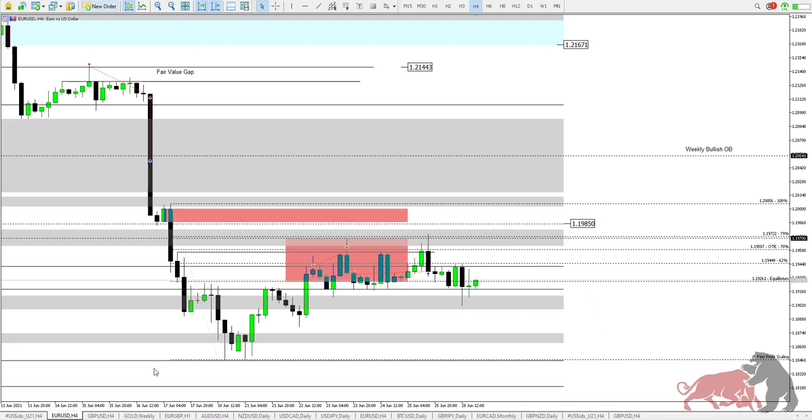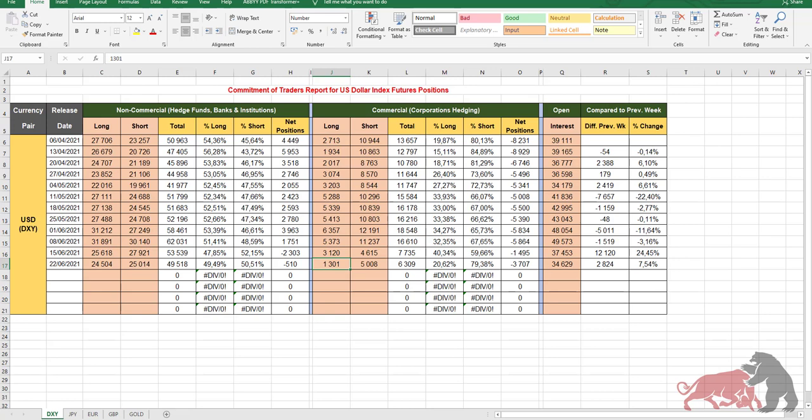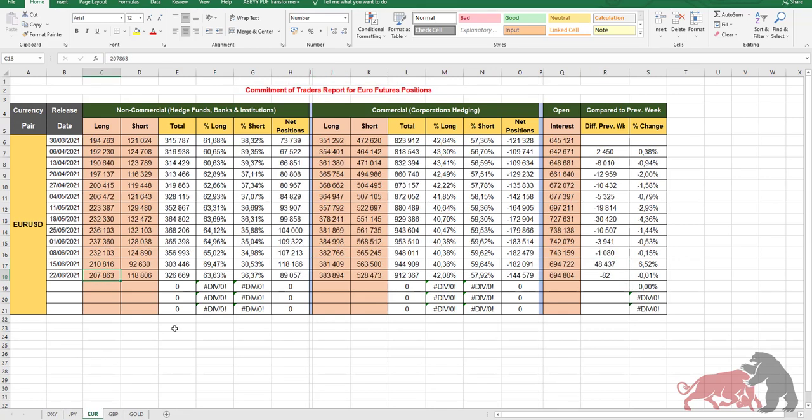Now let's look at the COT numbers quickly for the euro. The non-commercials have taken profit on their long exposure, and then they've added a huge chunk of short positions. This is crucial, this is critical.